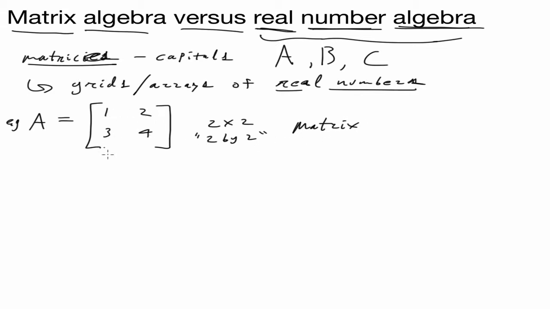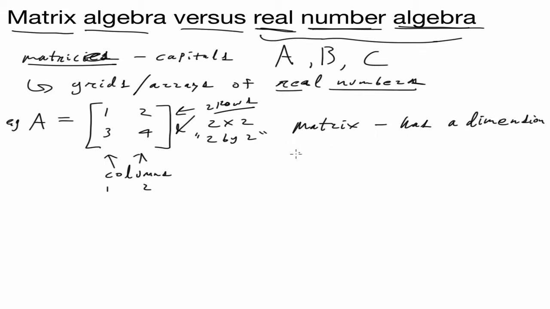because it has 2 rows and 2 columns, so we can say these are the columns. Okay, so there's 1 and 2 columns. And then here, of course, there are 2 rows. And so that's how we always talk about a matrix. A matrix always has a dimension.